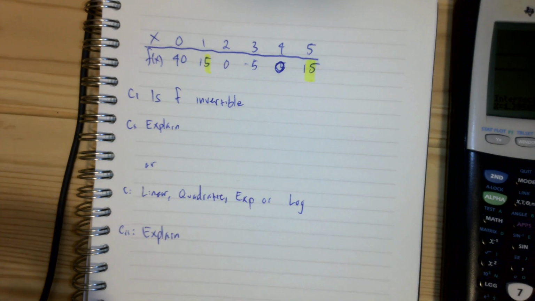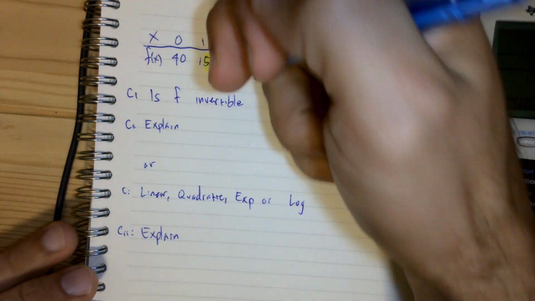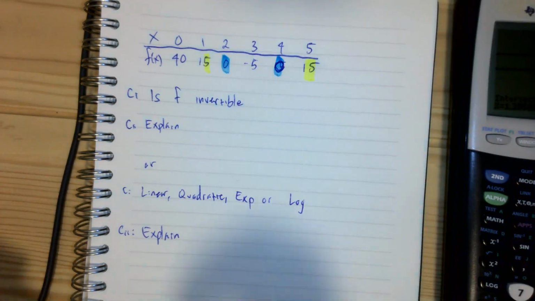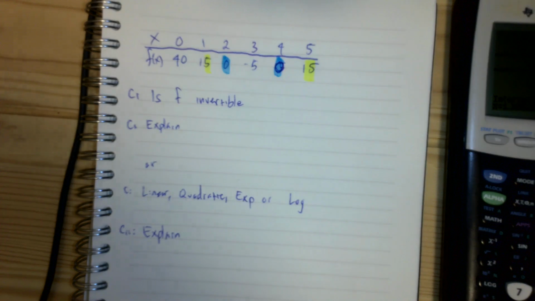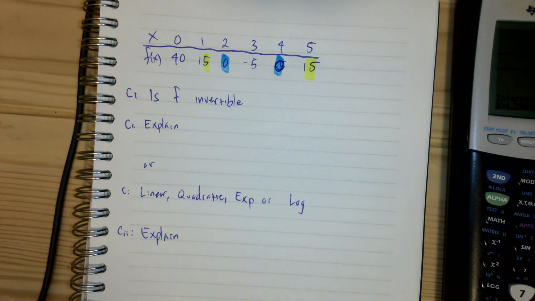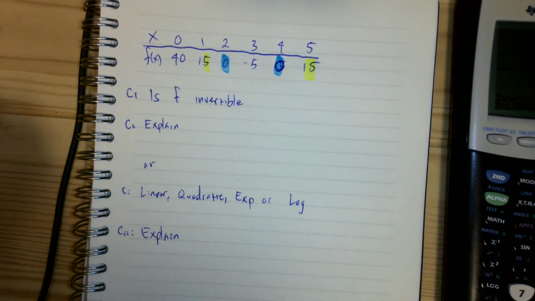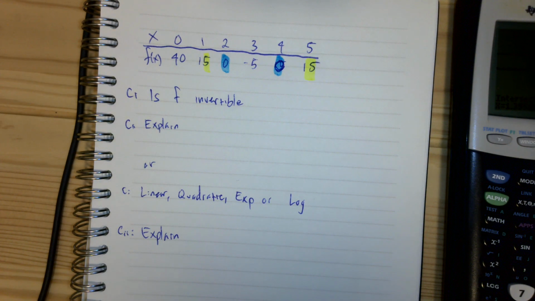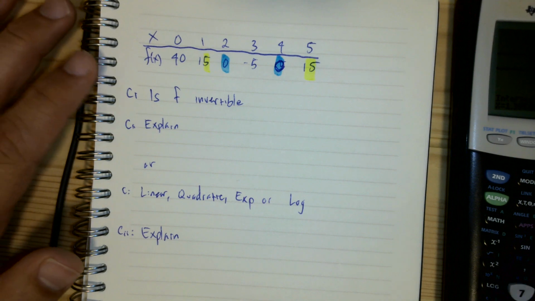Or I could have also looked here and said, oh, 0 and 0. So there's actually two different set of points here that create a problem for us. We have two output values that do not have unique input values. They have two different input values that go with them.